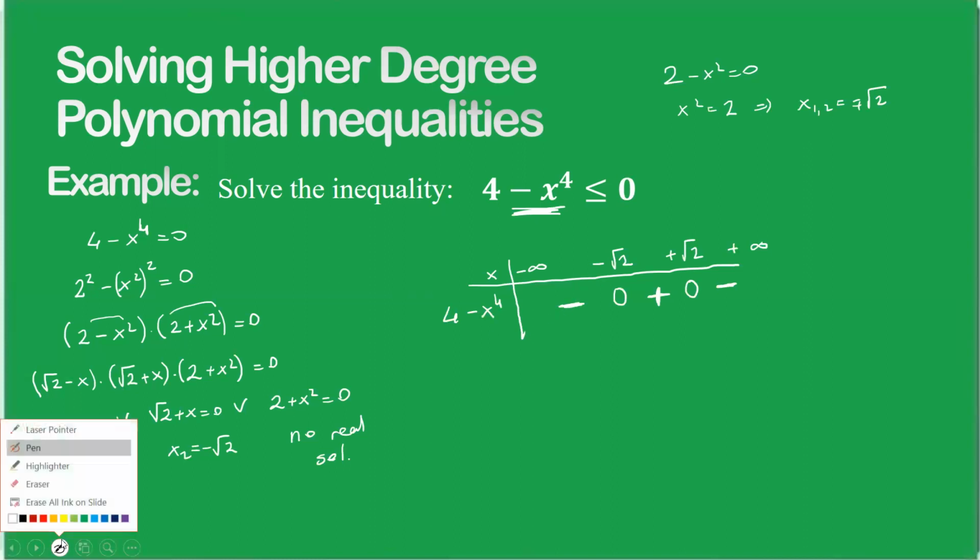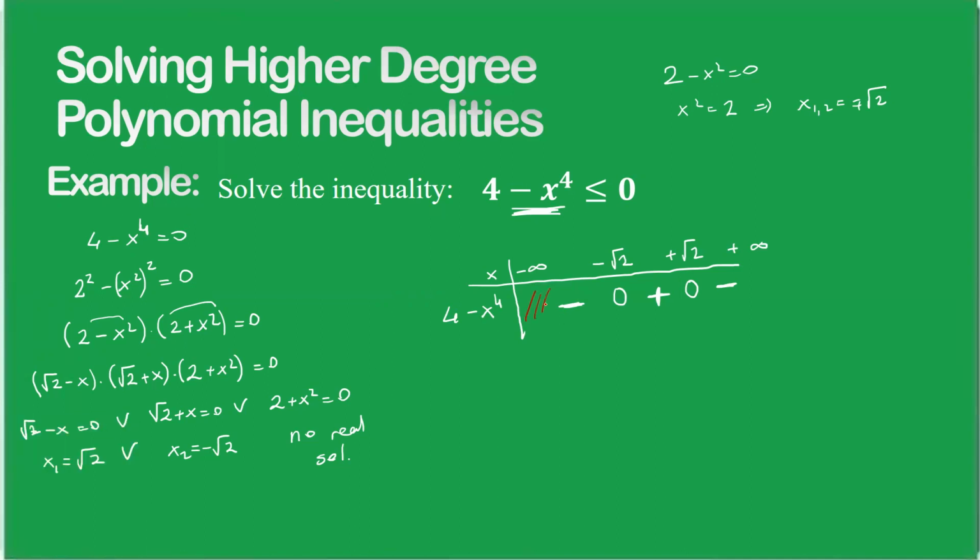Then here, which part is solution? Now let's draw with red. This one, and also the numbers minus square root of 2 and square root of 2, and this case.